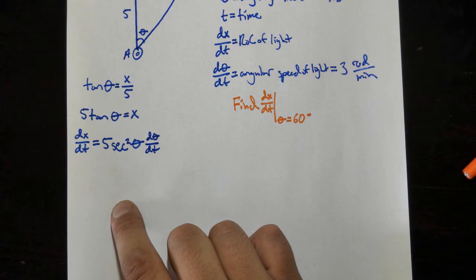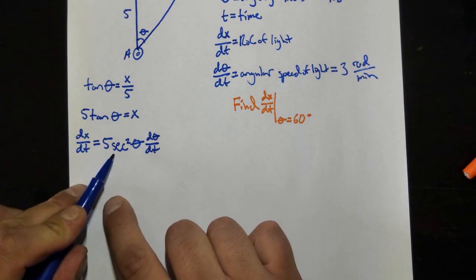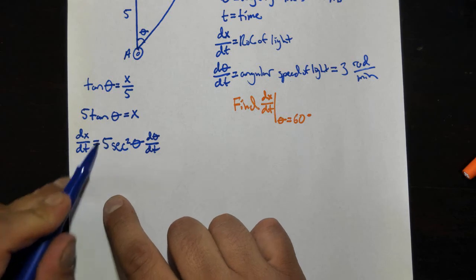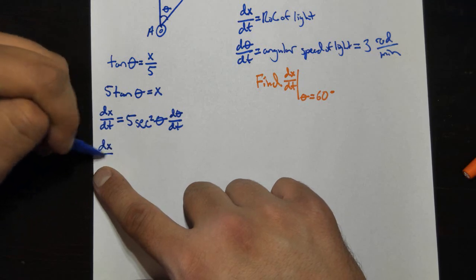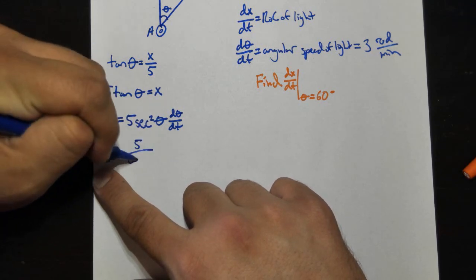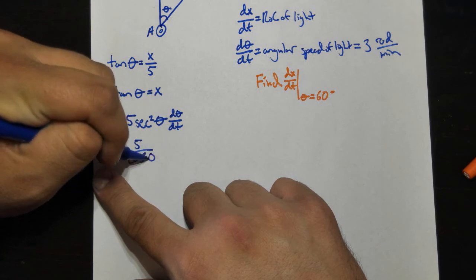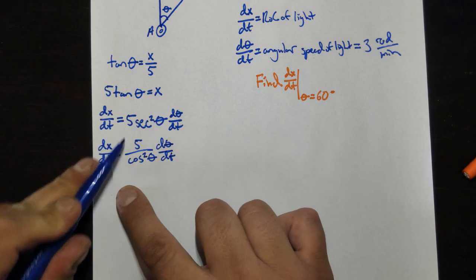Okay. I don't really like working with secant. I know it's 1 over cosine, so let's rewrite this. dx/dt is equal to 5 over cosine squared theta times d theta/dt. You might be wondering how we went from here to here.